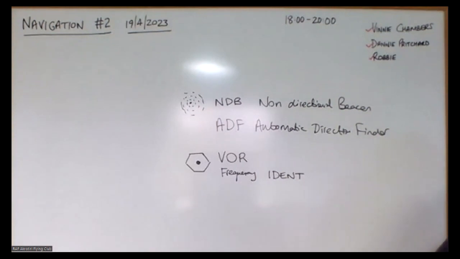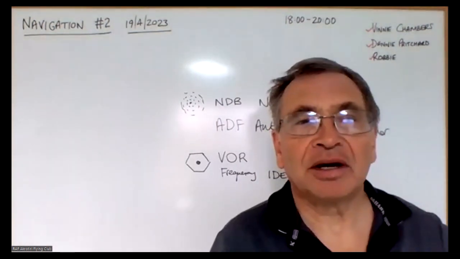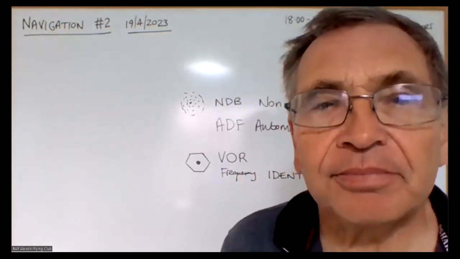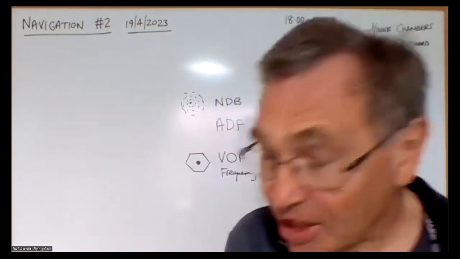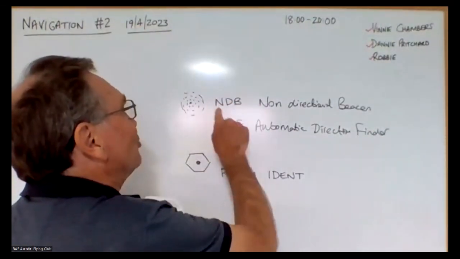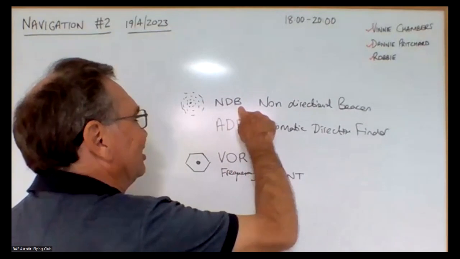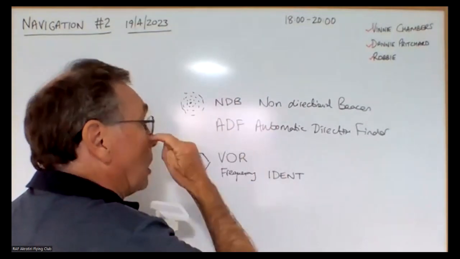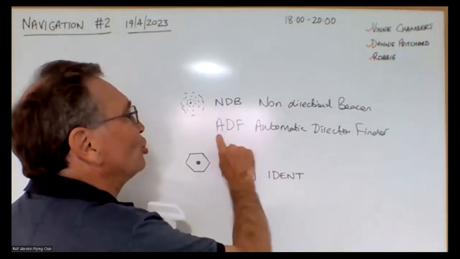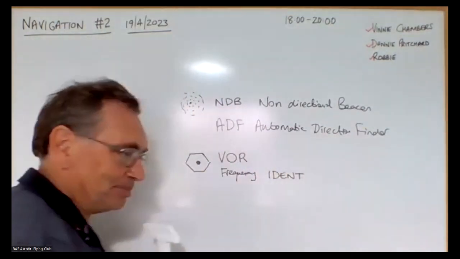Hey, Paul, do the NDB and the ADF have the same icon? Yeah, the NDB is what's on the map, the non-directional beacon, and the equipment in the aeroplane that receives it is called an automatic direction finder.